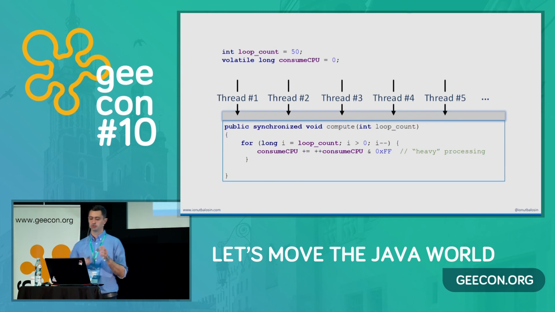And I tested it with a very simple approach. I created a synchronized method compute, and inside it I added a loop. I looped for 50 iterations, and I simulated a bit of heavy processing. What does heavy processing mean? Basically, I was using a volatile, which is very non-performant.